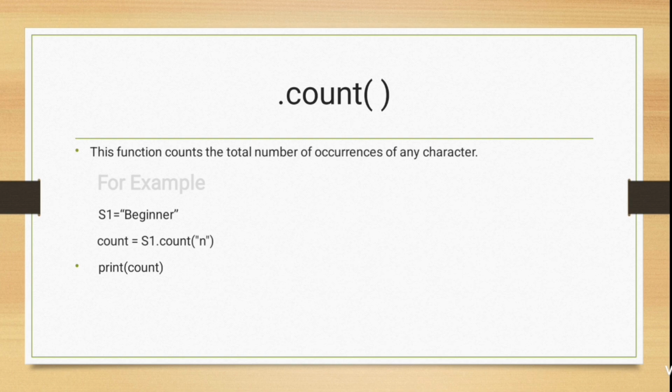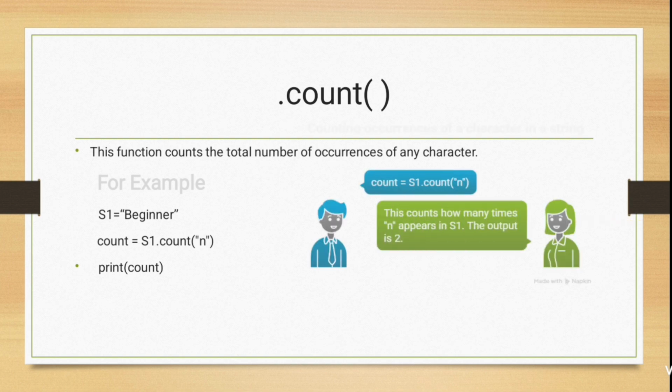Inside the parentheses we have written n, because we want to know the occurrences of n. Now we will print count, and after these three lines of code we will get output as 2, because n has 2 occurrences in this string. Like beginner has 2 occurrences of n.